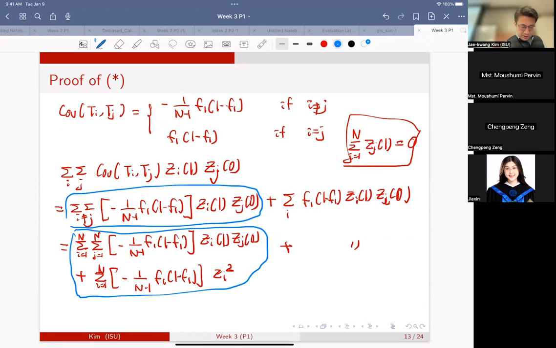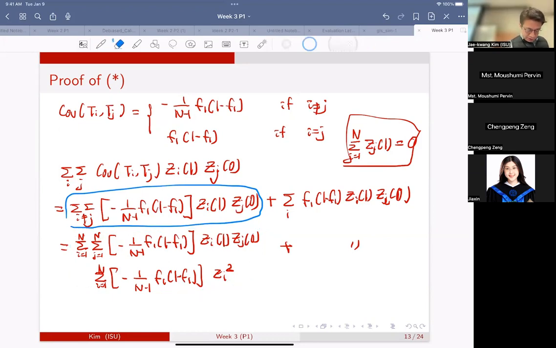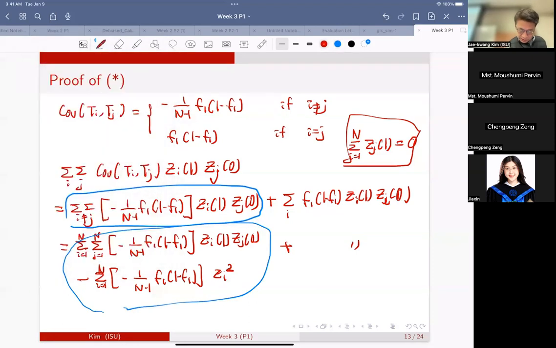This is not really correct, because I should change it to negative, minus. Then this is correct.